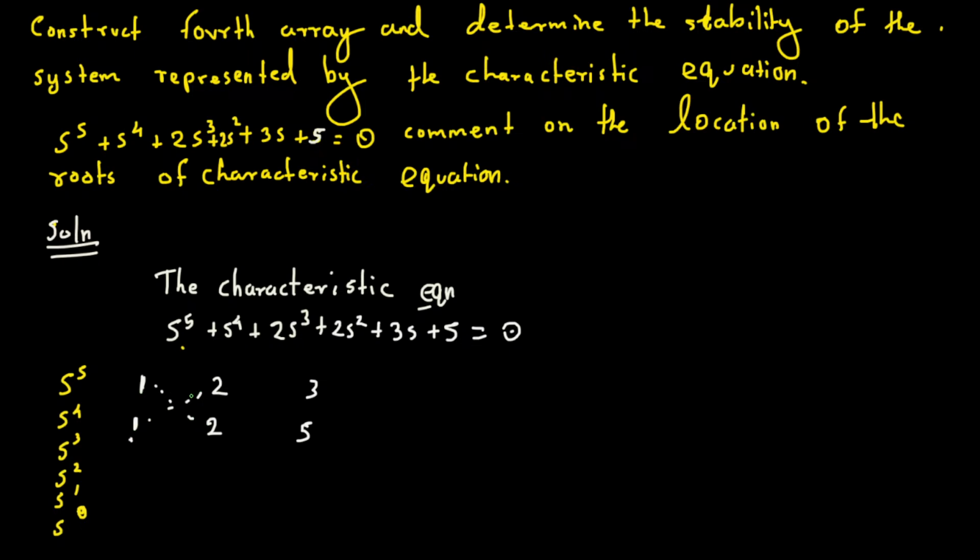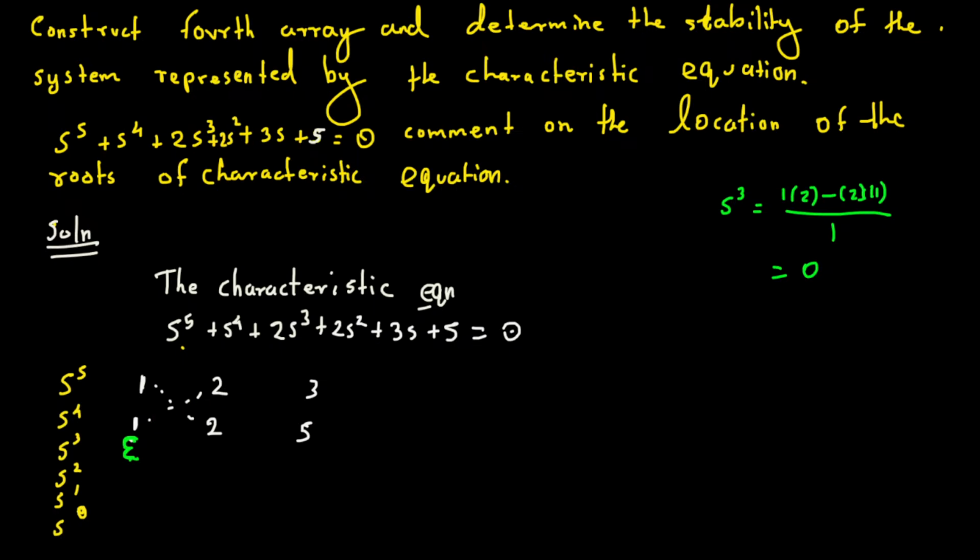So S3 is nothing but 1 times 2 minus 2 times 1 divided by this term right here, that is 1. So 2 minus 2 is 0, divided by 1 is 0. For 0 we can just write epsilon for the zeros.